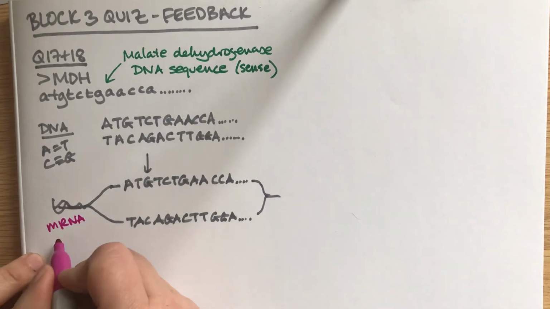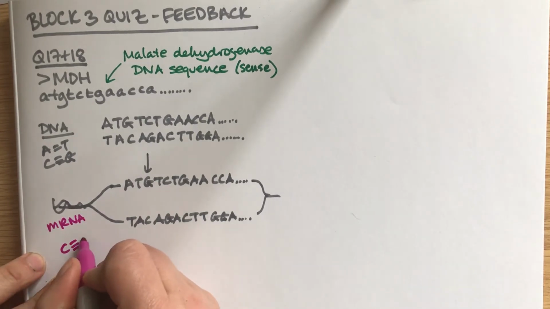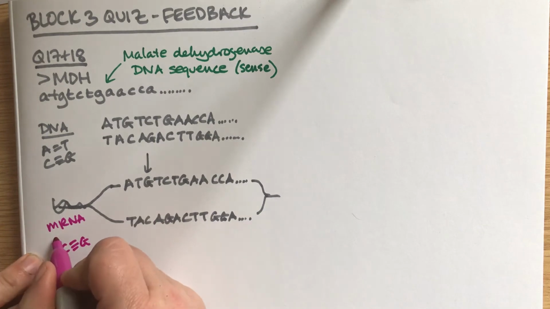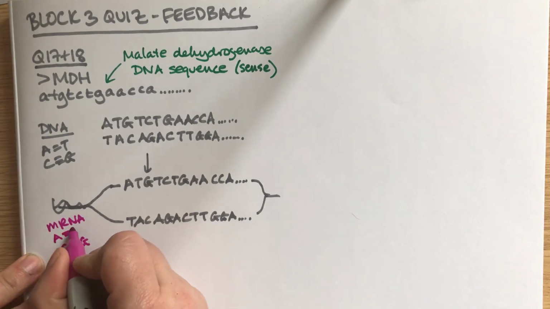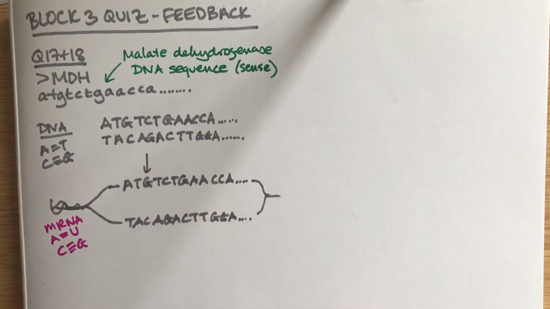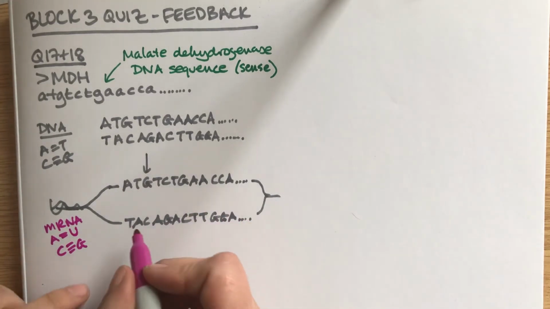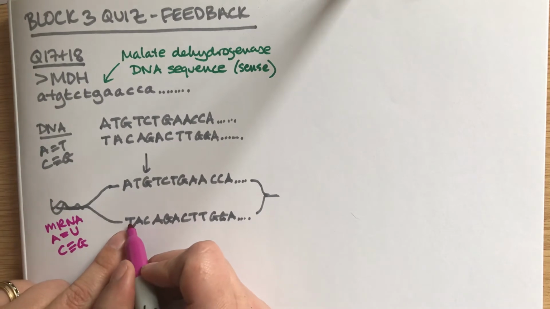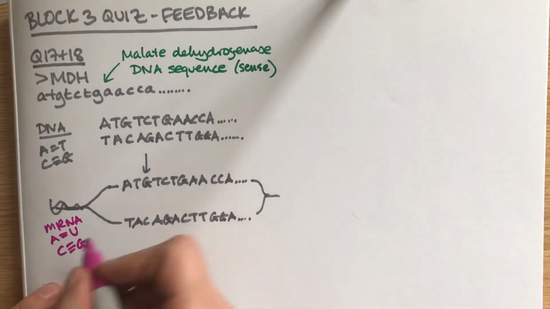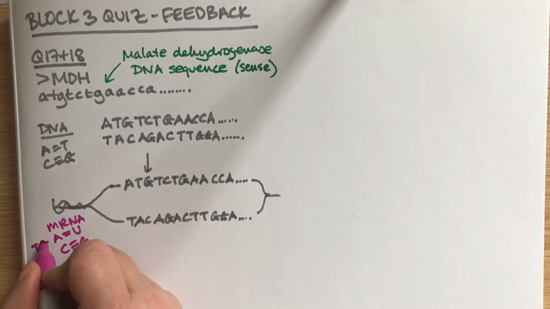Well, for mRNA, C pairs with G as normal, but A, which would usually pair with T, would pair with U. So let's work that through. We start with a T. T's pair with A's still.